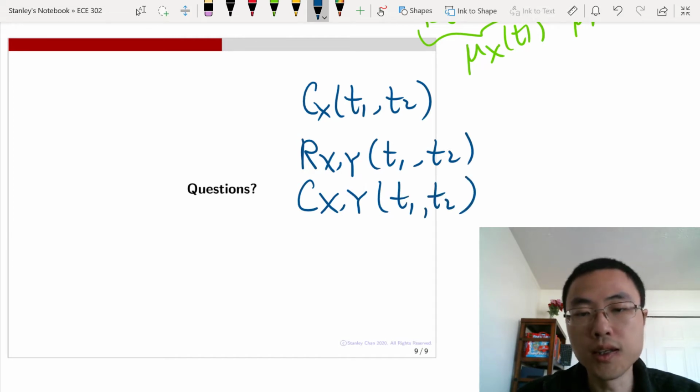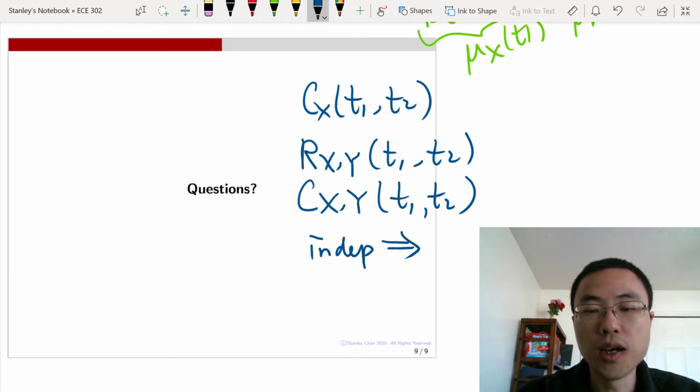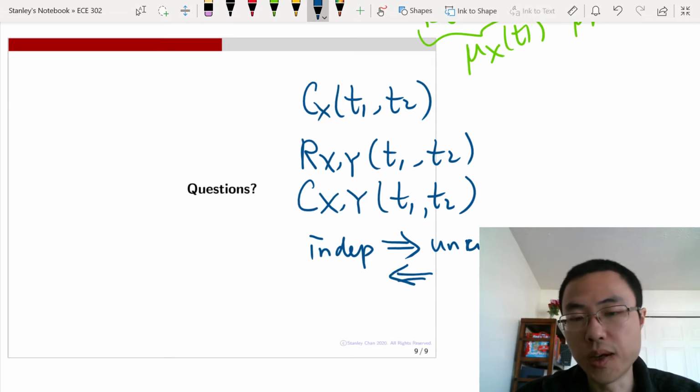So these are the cross-correlation and also the cross-covariance functions. And finally, we define this notion of independence, because independence implies uncorrelated, but uncorrelated does not imply independence.